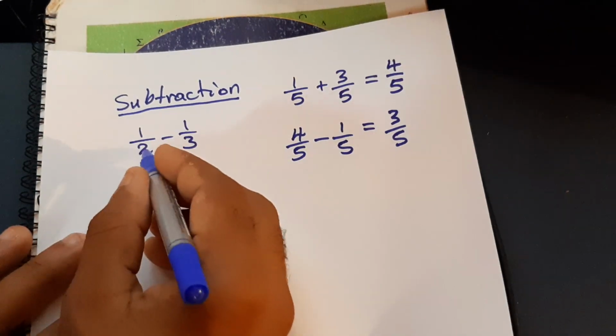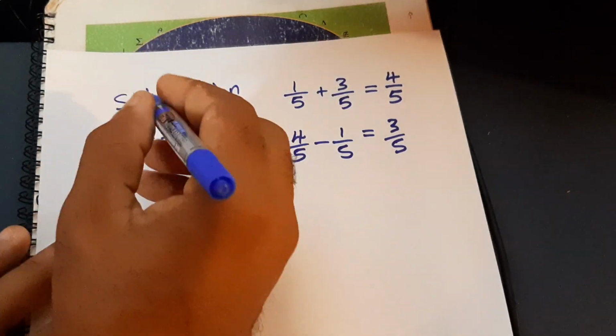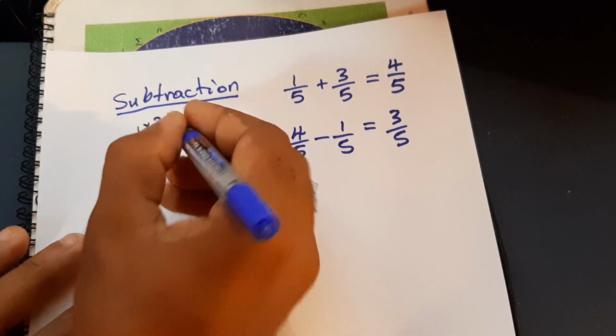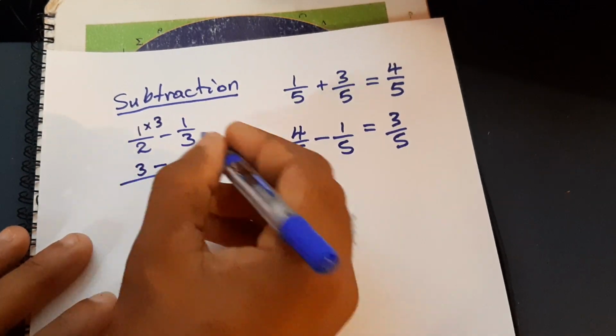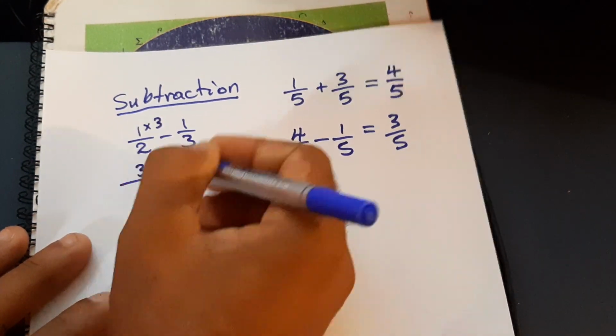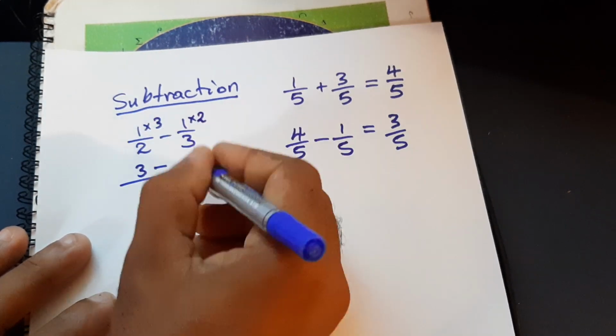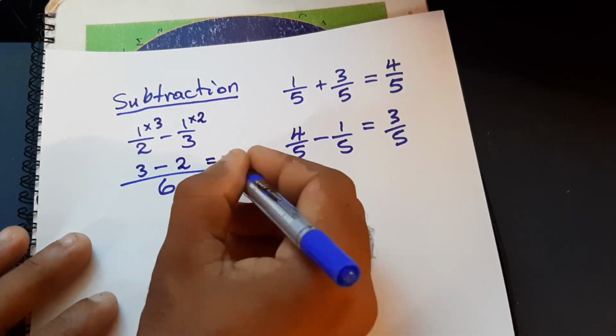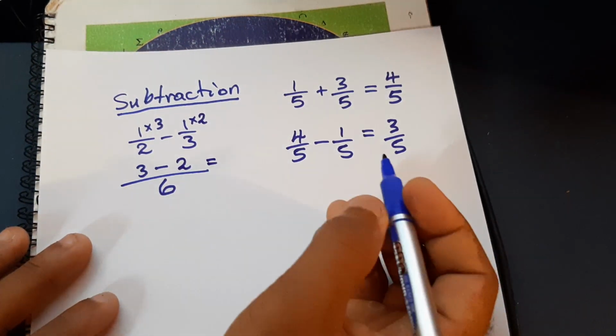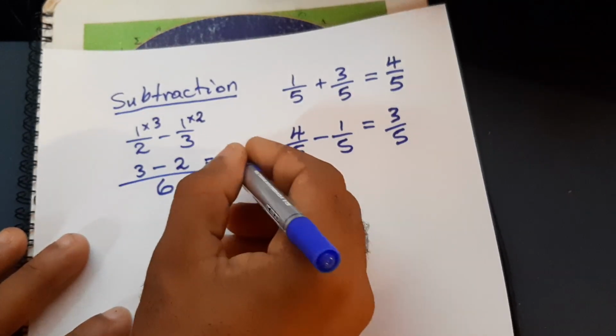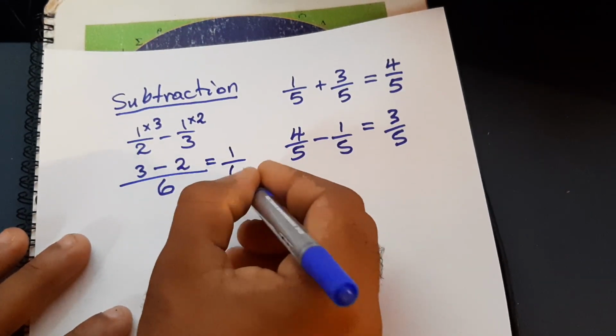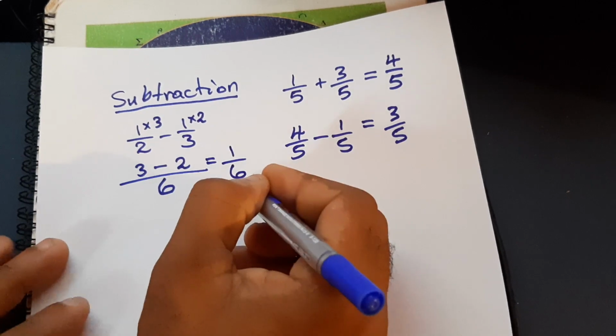Alright, so 2 into 6 goes 3. I'm going to multiply the numerator by 3. I'm going to get 3 minus, 3 into 6 goes 2. Multiply the numerator by that 2. I'm going to get 2. So our answer for the simple subtraction fractional question is going to be 1 over 6. So 3 minus 2, 1 over 6.